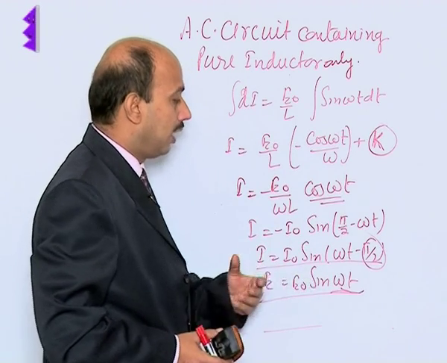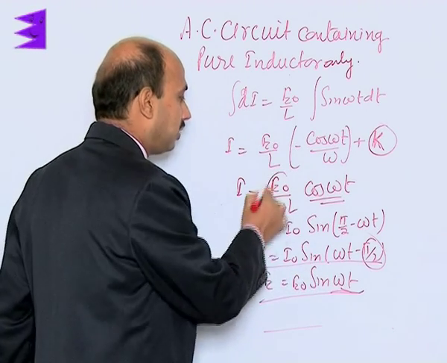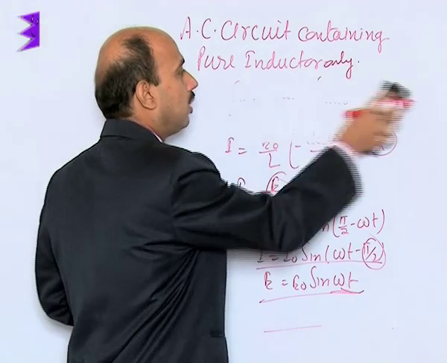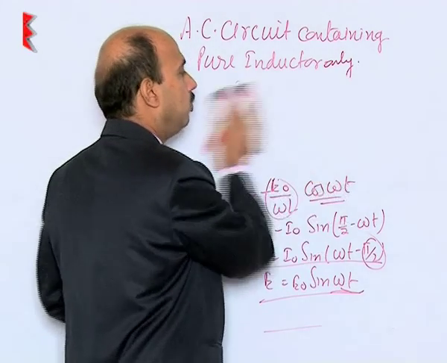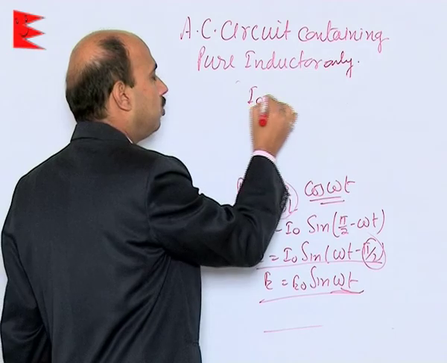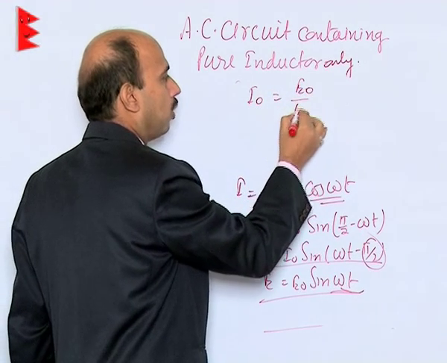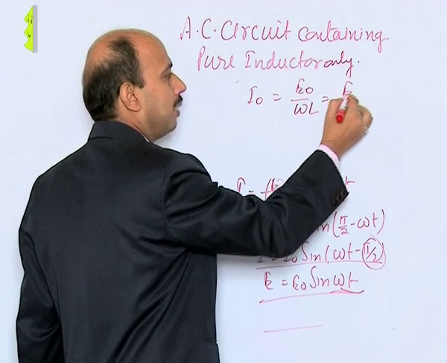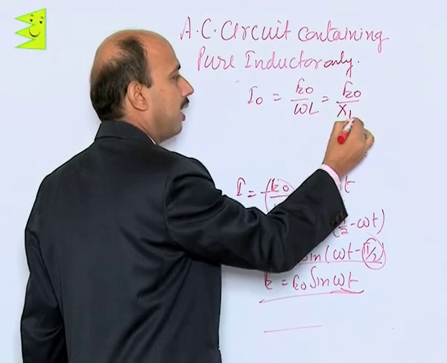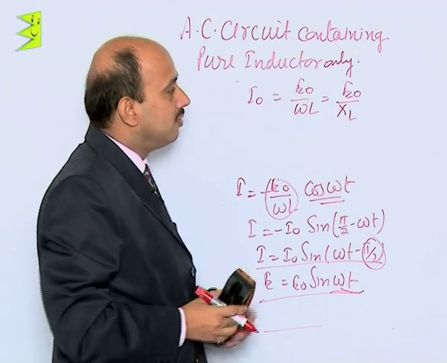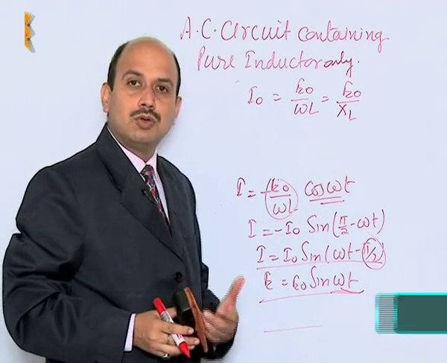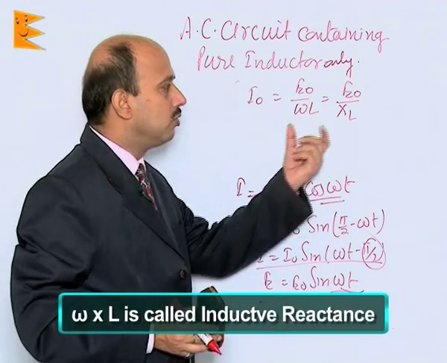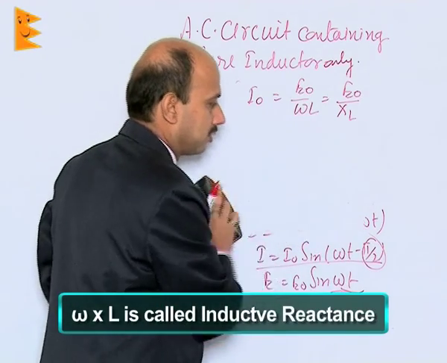Now we can also define this. We just wrote I naught, where I naught is equal to E naught upon omega L. Omega L is the resistance X_L offered by the inductor due to induction of the EMF. That is called inductive reactance.